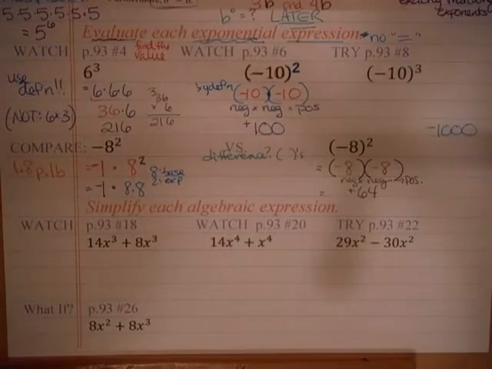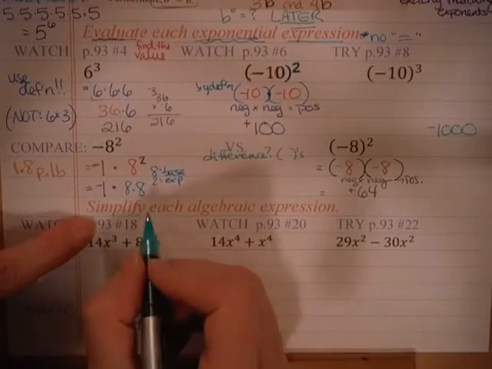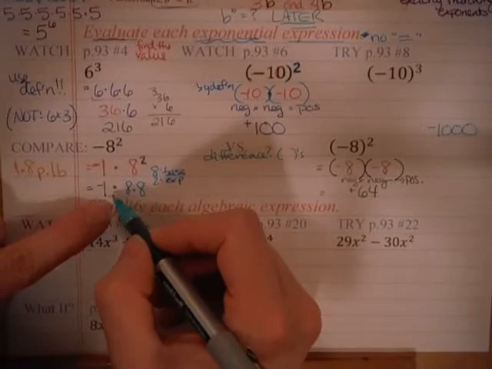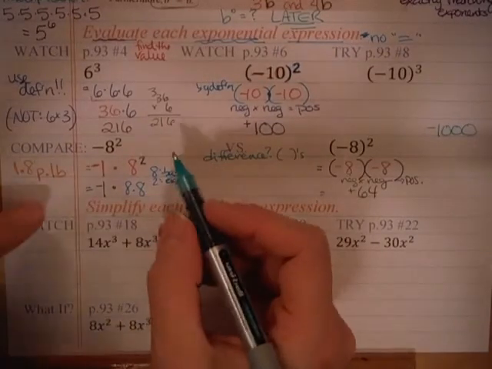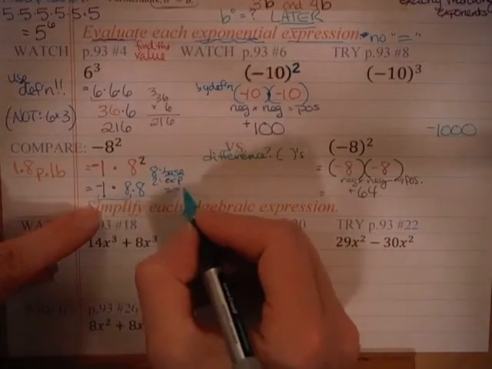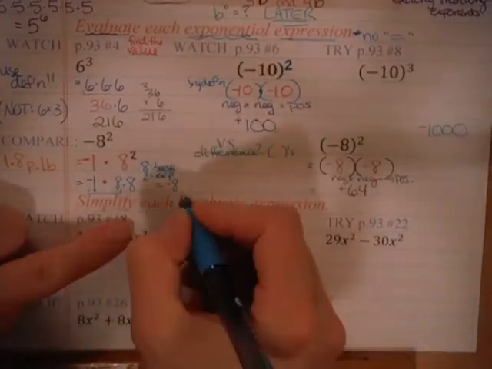From there, we can do order of operations. It's all multiplication from left to right. Or you could choose to do associative. You could deal with negative 1 times, first take the group of 8 times 8. Okay? What if we were to do order of operations? We'd go left to right. Negative 1 times 8 is a negative 8. And then you still have times that second 8 there.